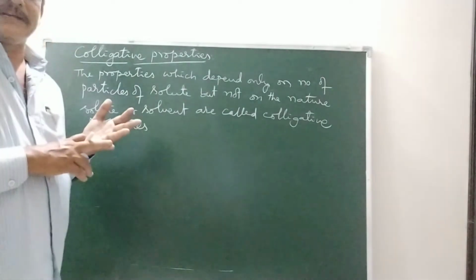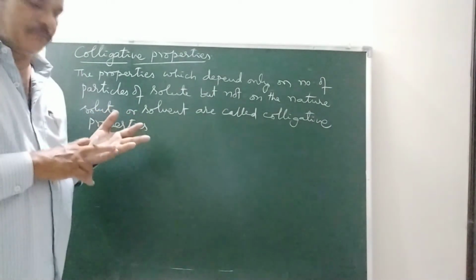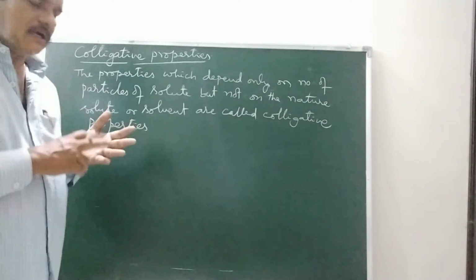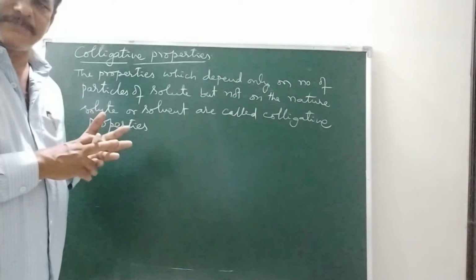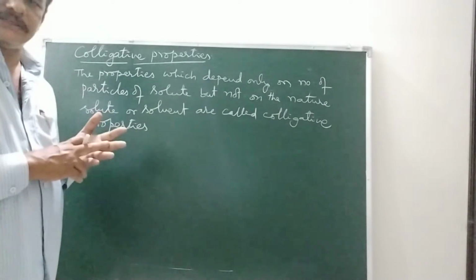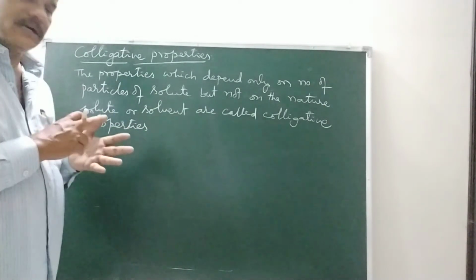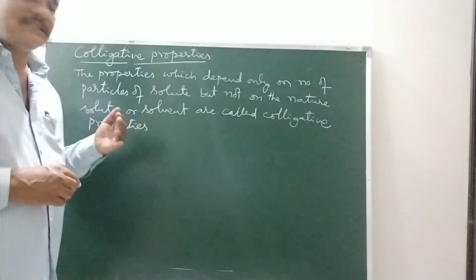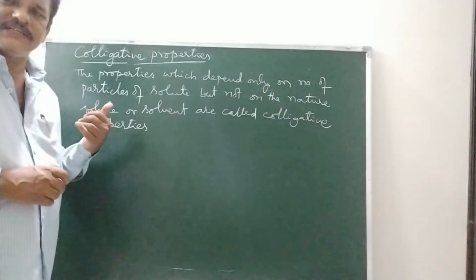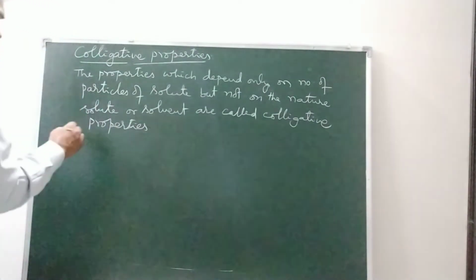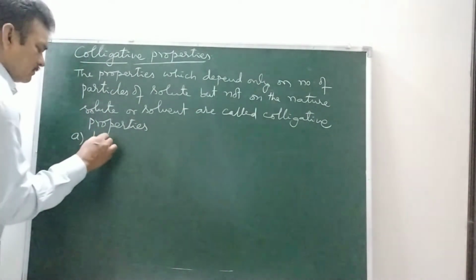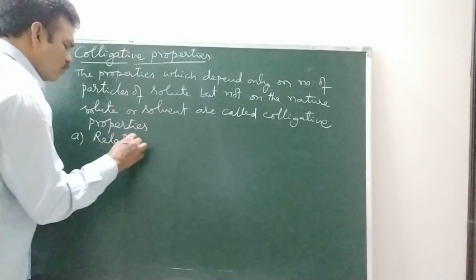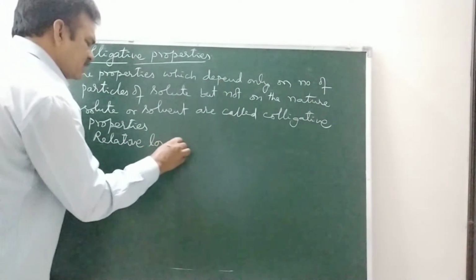Elevation means increase, and depression means decrease in the freezing point. We will discuss these four colligative properties one by one. The first one is relative lowering of vapor pressure.